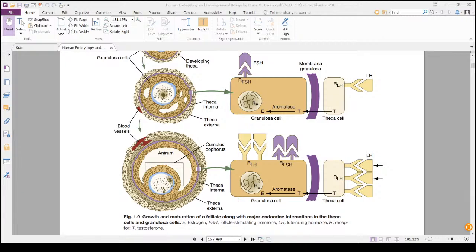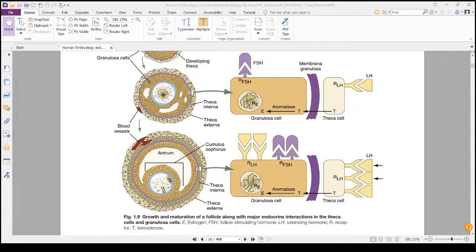Now the theca interna cells produce testosterone, a variant of testosterone, after they have been stimulated by luteinizing hormone.